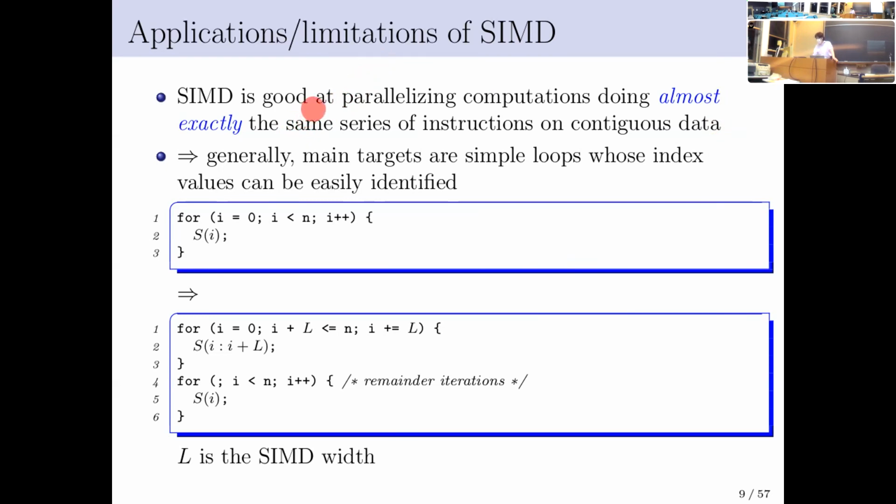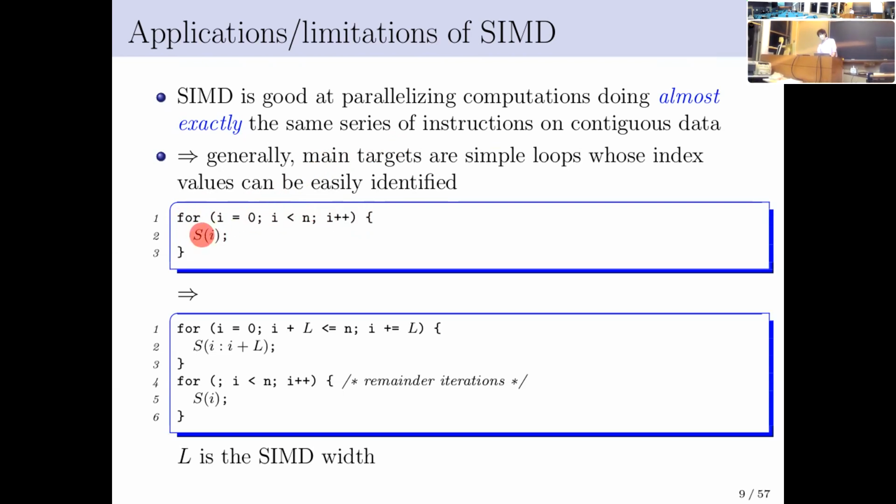Given that knowledge, you can obviously understand that SIMD will be very good at parallelizing, so vectorizing computations, doing almost exactly the same series of instructions on contiguous data. So it is basically good at vectorizing, accelerating this kind of for loops.